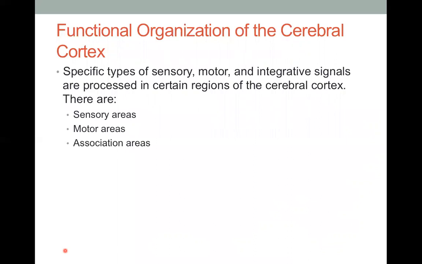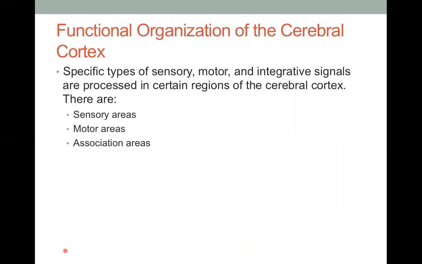So we have some important sensory areas that include the primary somatosensory area, your primary visual area, your primary auditory area, and your primary gustatory area. We talk more about what these areas actually do when we talk about the visual or auditory or somatosensory aspects.